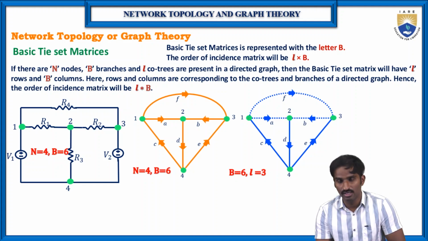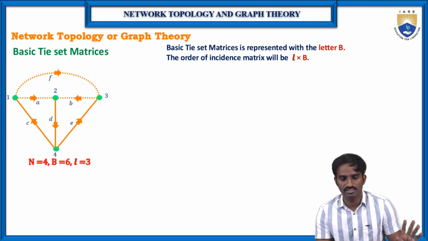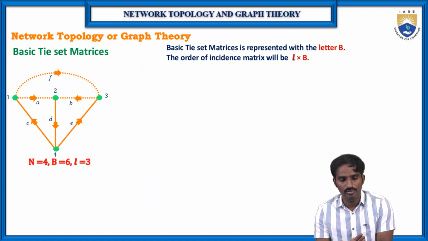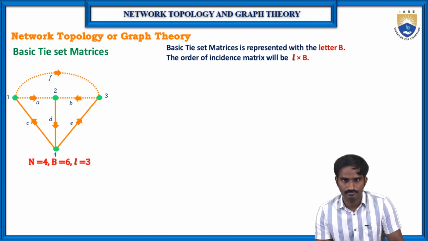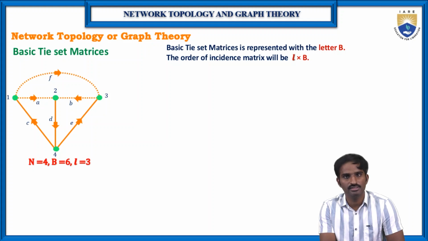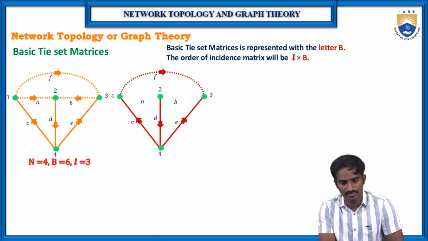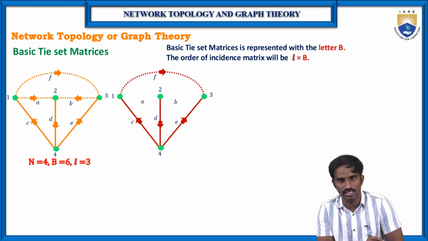Then how to form this matrix? Let us consider this. First draw how many co-trees are there for this particular tree. The first co-tree is with branch F. If you draw branch F, it becomes a co-tree, because it forms a loop. That is why it is called a co-tree, and the branch of the co-tree is called a link.